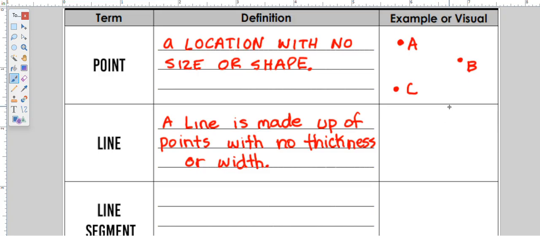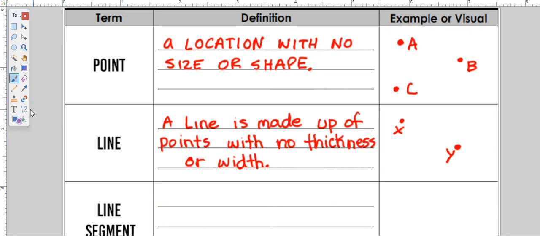So we will have some amount of points. You always have to have at least 2 points. So let's say this is point X and this is point Y. And then a line passes straight through those 2 points.